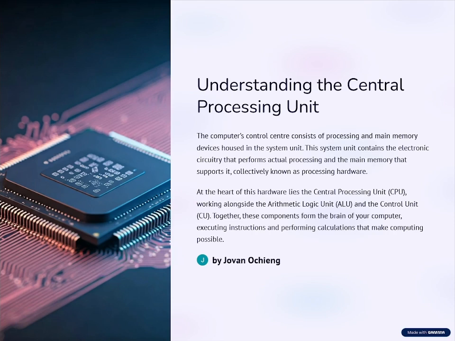The control unit will coordinate the other process activities in a computer, while the other components work with it to form the brain of the computer. That brain will perform execution of instructions and calculations that make computing possible.